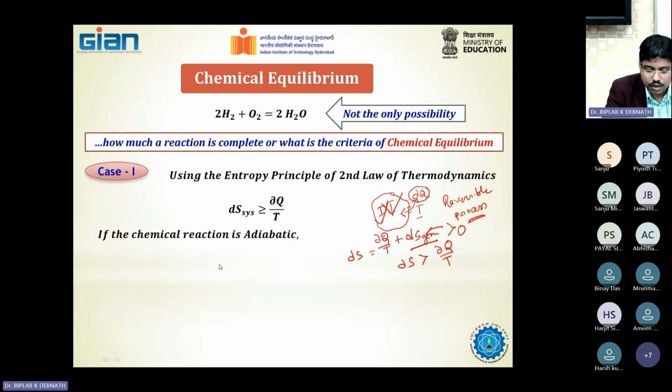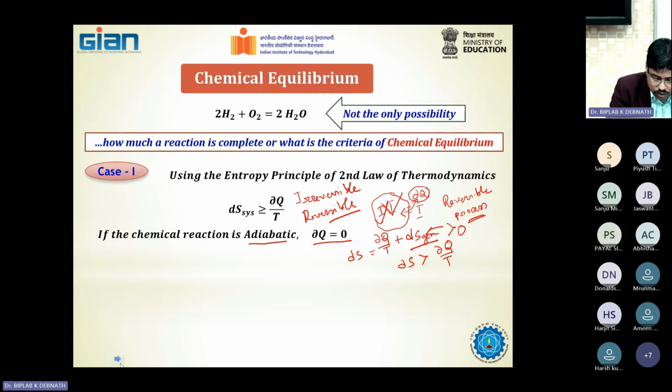If the chemical reaction is adiabatic, as well as reversible, then del Q is equal to 0. There may be two cases: one is reversible, another is irreversible.